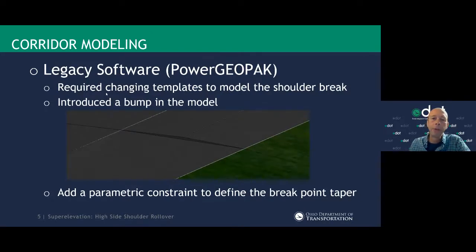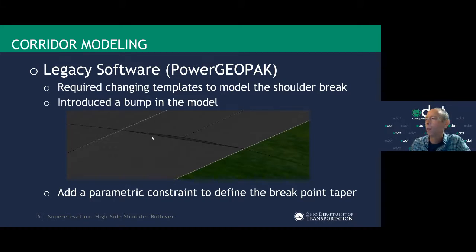So going back to PowerGEOPAK and the way it was handled there. Here's just a screen capture of an area. This is my shoulder, and I've got just a single slope across here, and then I hit that maximum super elevation rate, and the break is introduced. So I've got this bump here in my model. In order to do this in GEOPAK, we had to change templates.